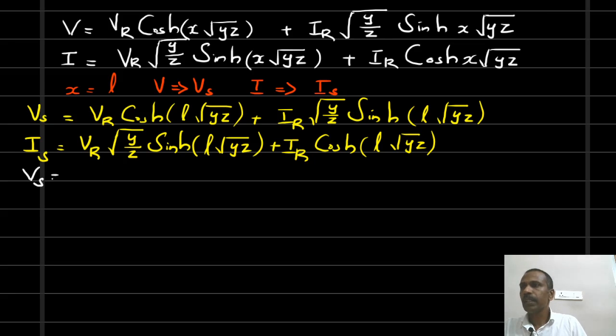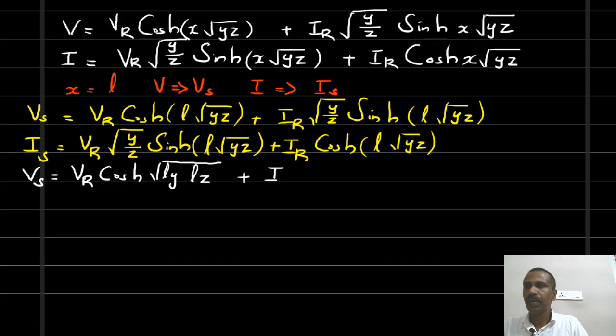So Vs equals VR into cosh. When L is brought within the root, it becomes L square. That is root of Ly Lz, plus IR into, this term can be multiplied with L both on the numerator and denominator.